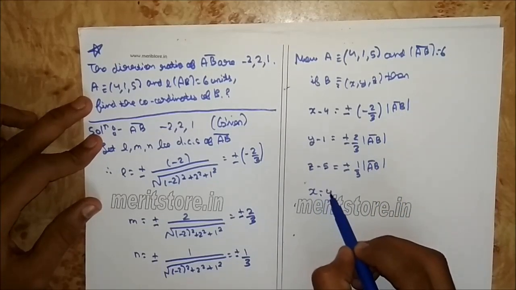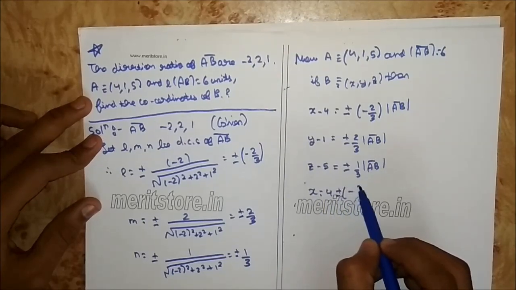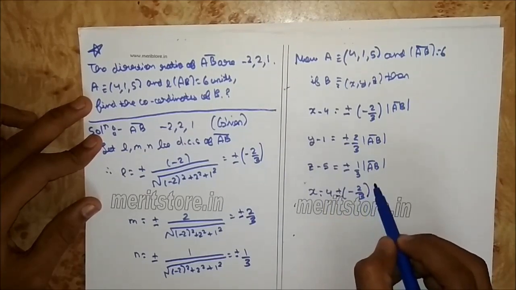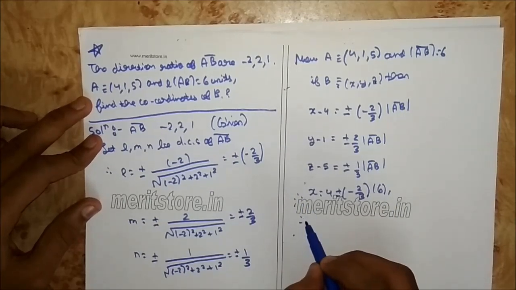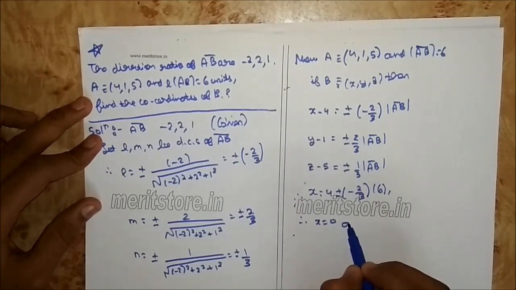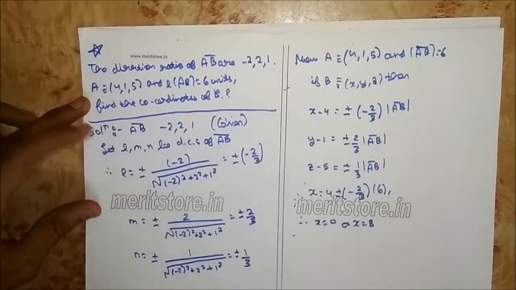So x is equal to 4 plus or minus 2 by 3 times 6. Therefore x is equal to 0 or x is equal to 8.